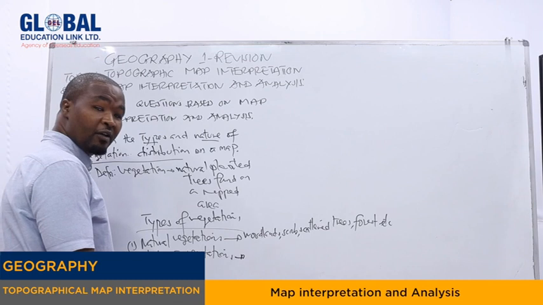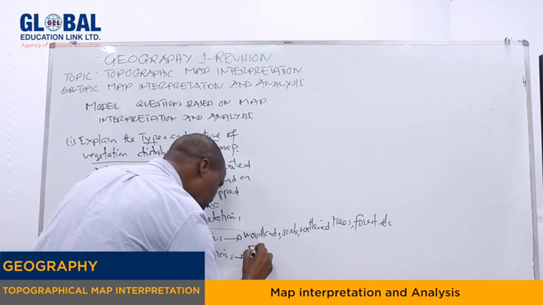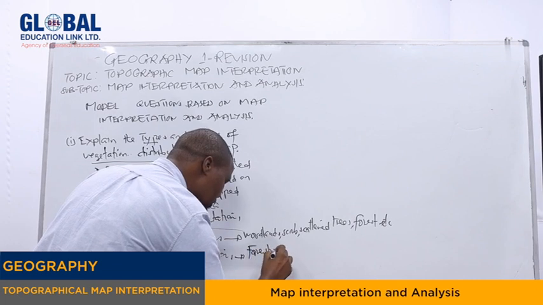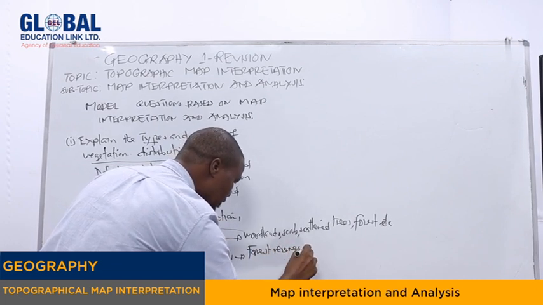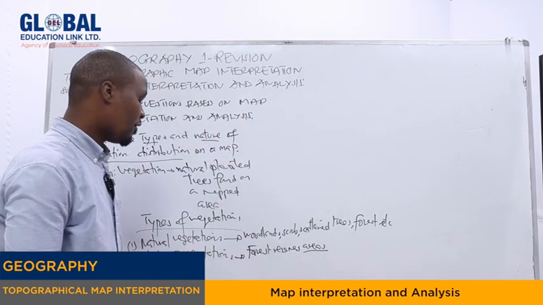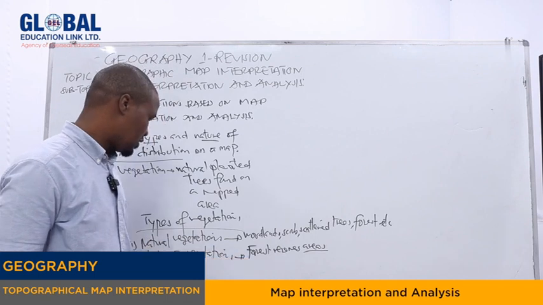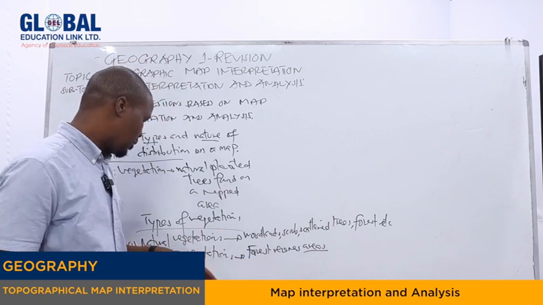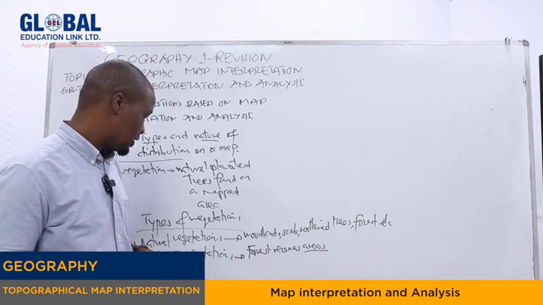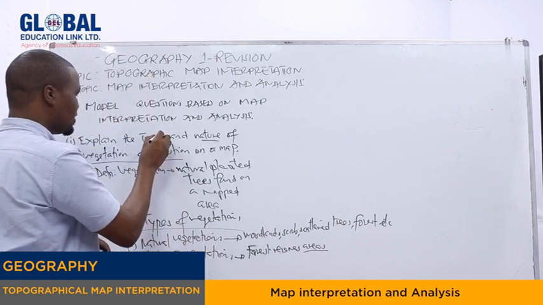Most of this artificial vegetation, as I said, are, for instance, forest reserve areas. It means we have areas where we found forests which are reserved. Most of this forest reserve is an example of what we call the artificial vegetation found on a mapped area. So this is the type of vegetation.